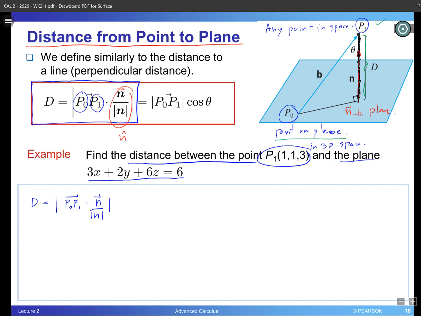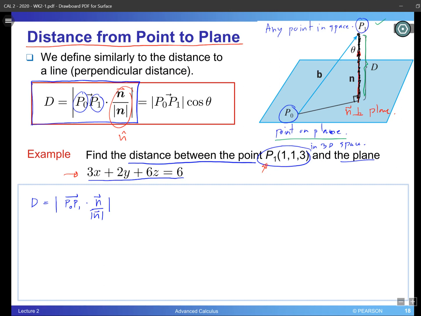At this point, we don't have anything yet because the plane is given to us as an equation, and the point P1 is given to us. We don't have these vectors in the formula, so let's build them.